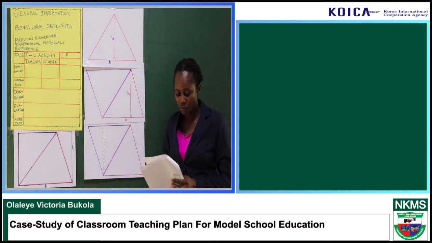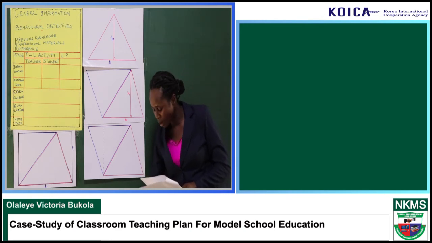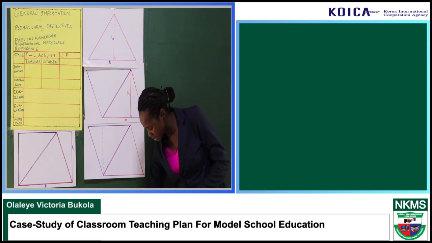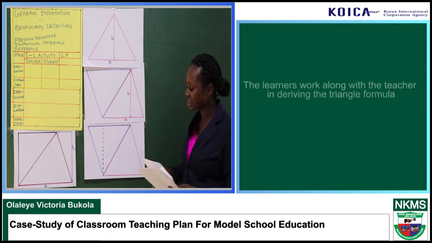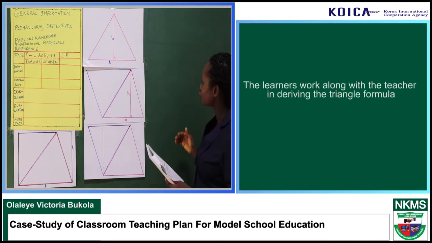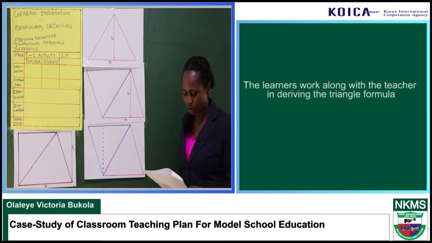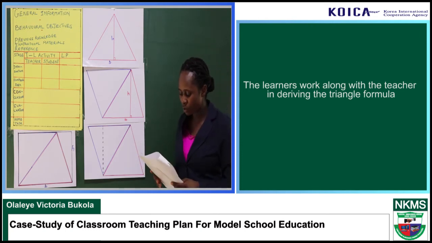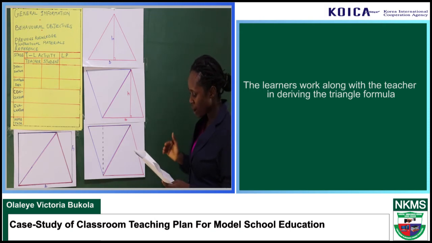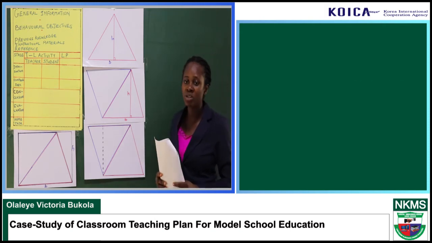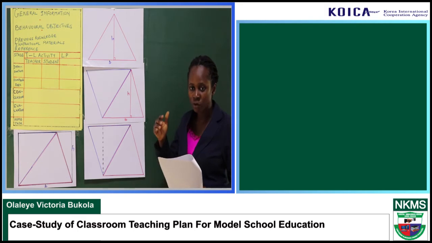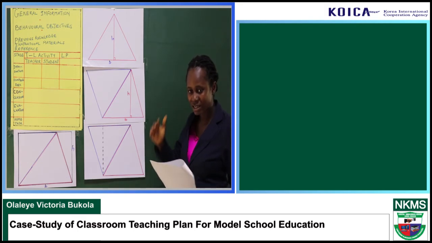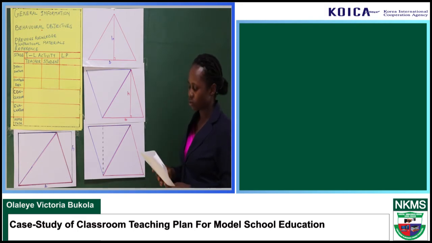The behavioral objectives for this area of triangle state that by the end of the lesson, the learner should be able to derive the triangle formula. And they should be able to state the area of a triangle formula and use the formula to calculate the area of a triangle. When stating our objectives, it should be in action verbs, that is, derive, state, and use.